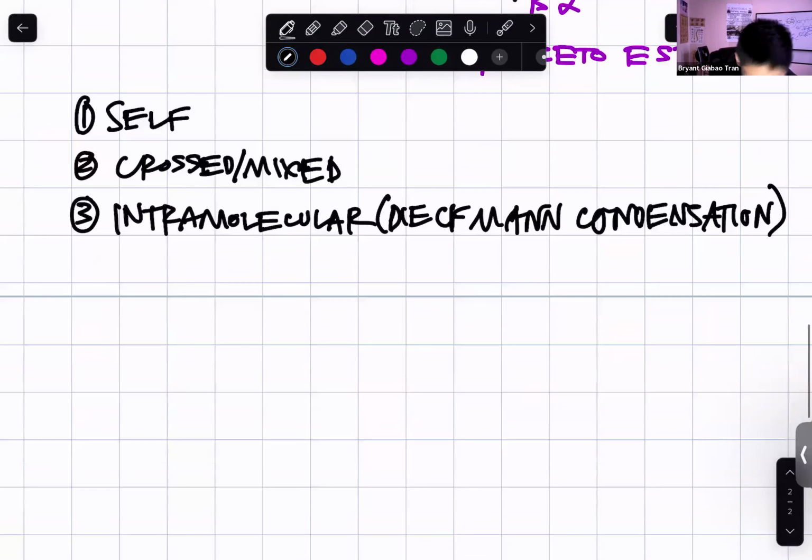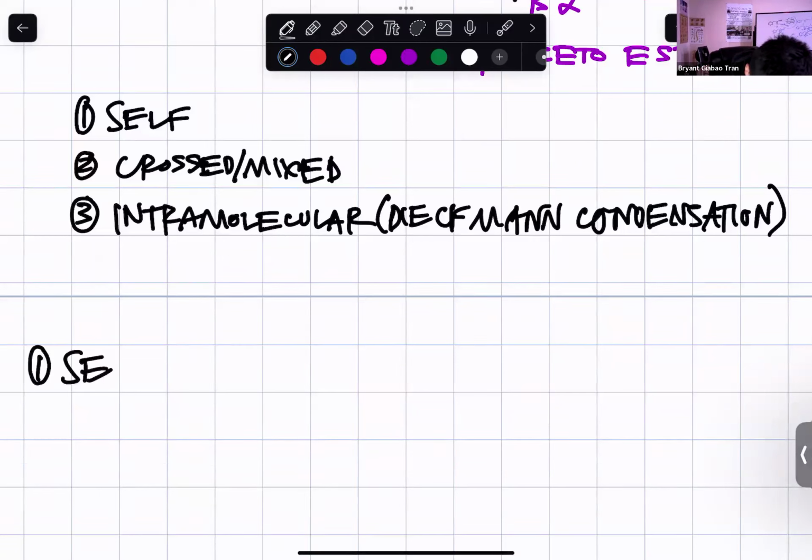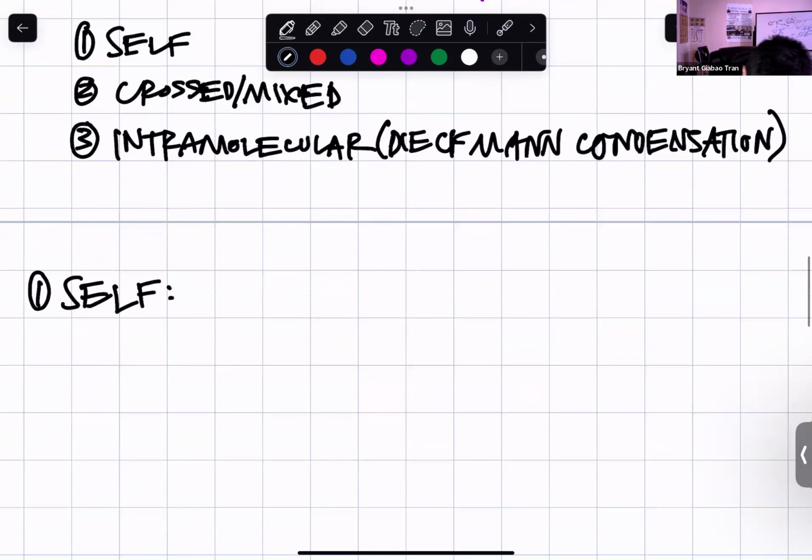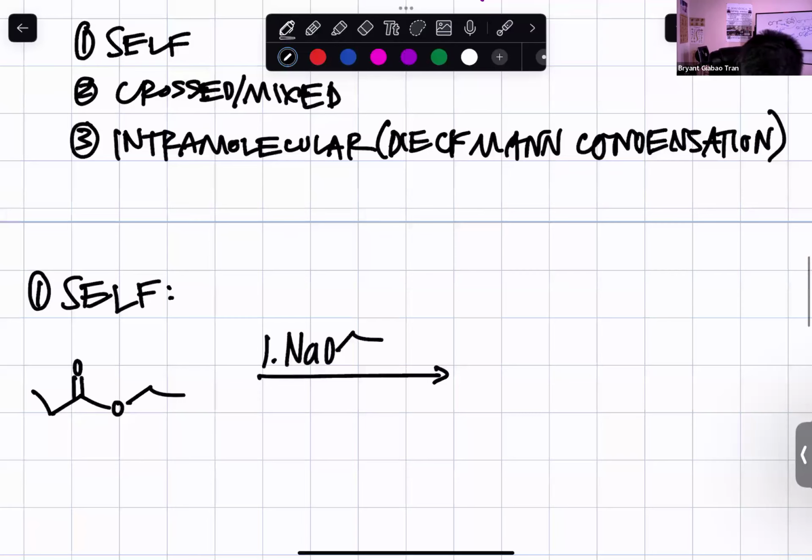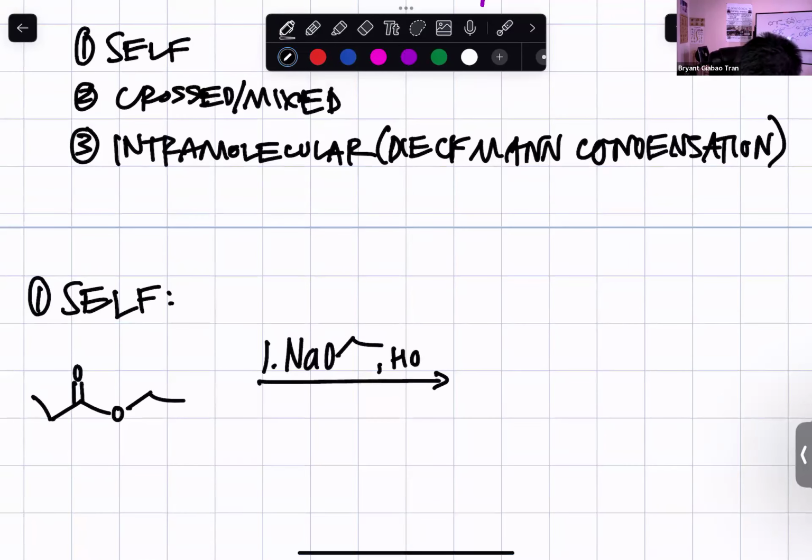Okay, so if we look at the self-Claisen condensation, let's say we react this ester with these reagents here. First step is going to be NaOR, where the OR group is the exact same OR group as the ester.